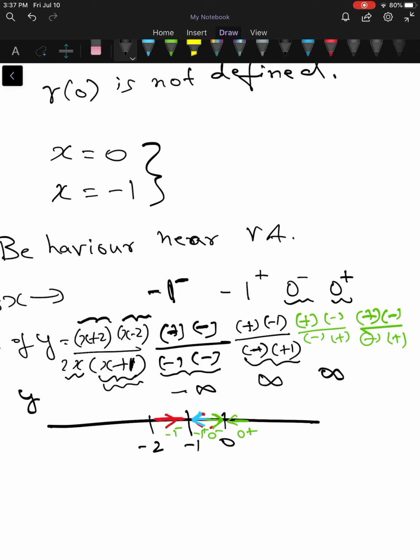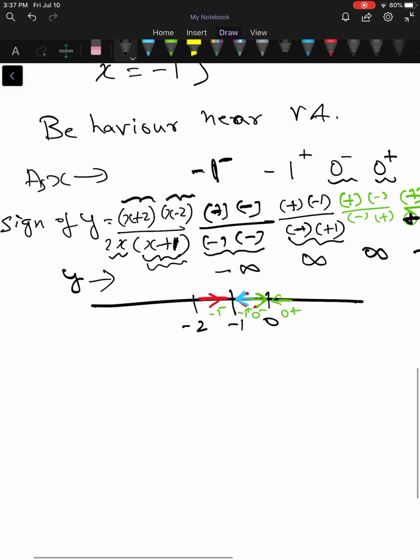And even this case repeats in the next case as well, and this would be negative infinity because you have one negative sign and three positive signs. So y will tend towards negative infinity when x tends to negative 1 minus, and y will tend to positive infinity when x tends to negative 1 plus. y will tend to positive infinity when x tends to 0 minus, and y will tend to negative infinity when x tends to 0 plus.